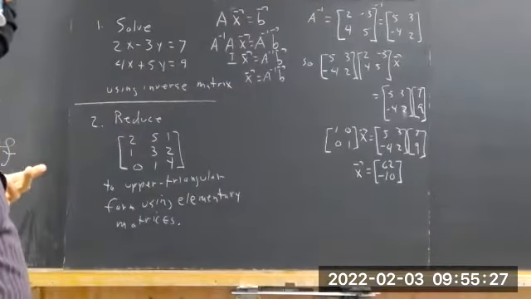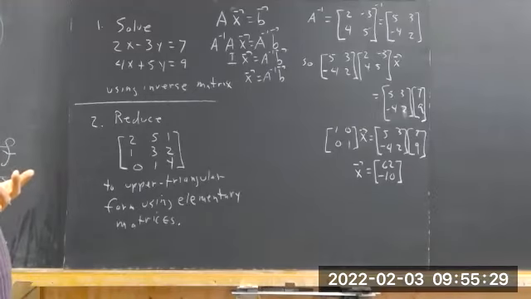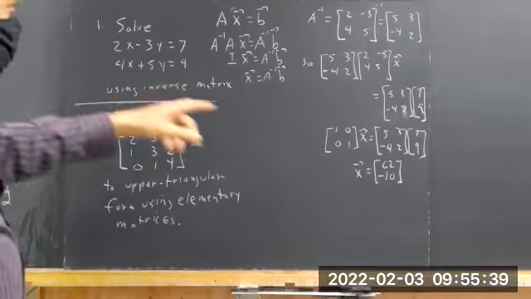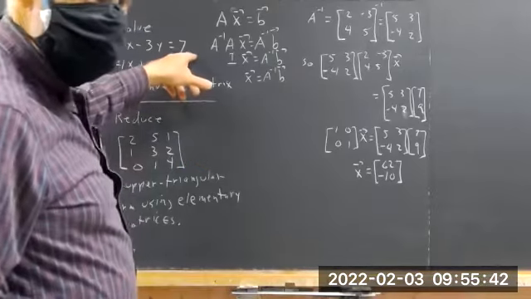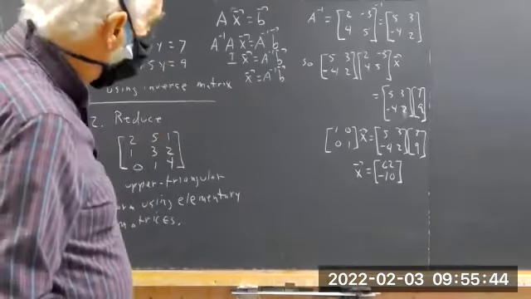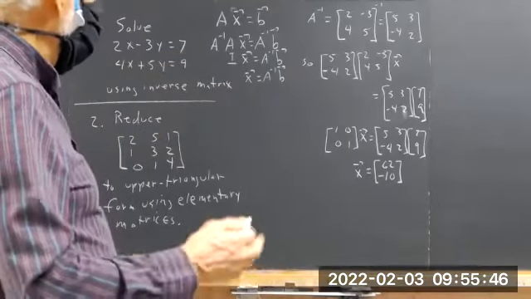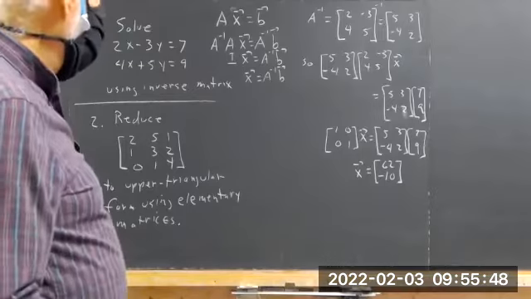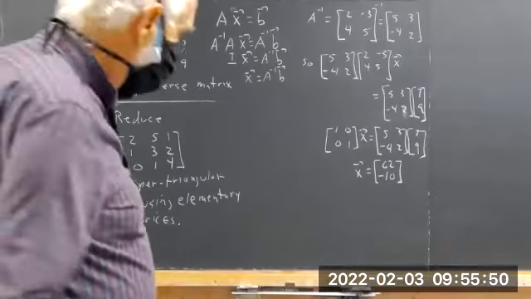Okay. It doesn't look like that's going to work. Good. I think we did something wrong, because 2 times 62 minus 3 times negative 10 is not 7. I'm not going to worry too much about it. This is the way it's done. Oh, wait a minute.